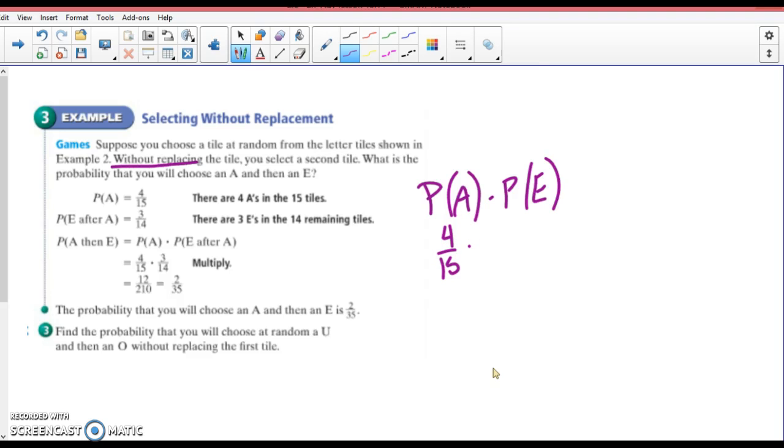The probability of getting an E, I took that one A out and it is sitting on the table. So there are 3 E's, but only 14 tiles left. When you multiply this, you get 2 out of 35. What type of probability is that? This is dependent, because the first affects the second, because I don't put the tile back.